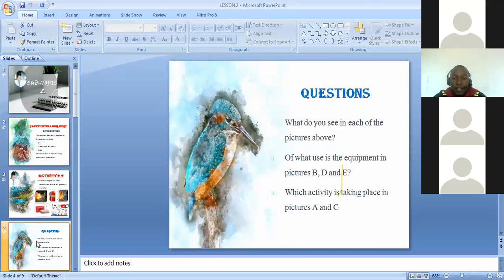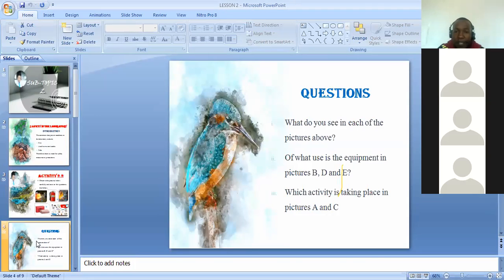Which activity is taking place in pictures A and C? Hopefully members are writing these questions plus the answers we generate from the discussion.